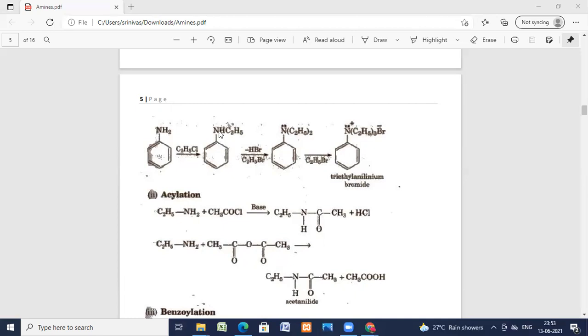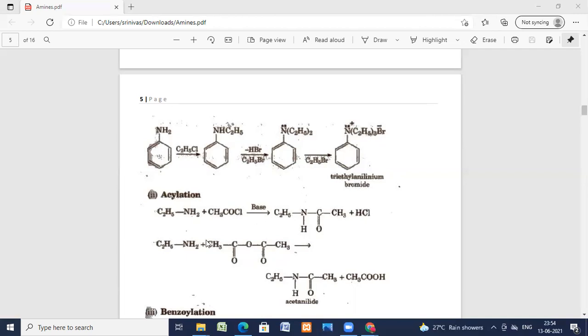So ethyl aryl amine reacts with ethyl bromide to give diethyl aryl amine. This diethyl aryl amine, on further reaction with ethyl halide, gives triethyl anilinium bromide.